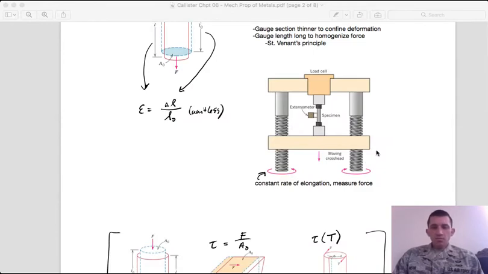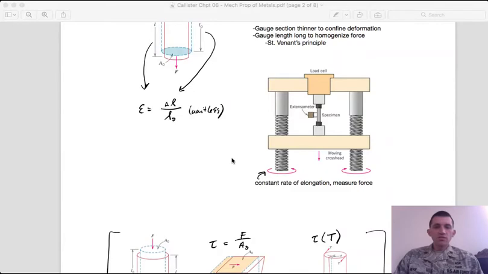The exact manner can vary from machine to machine, but generally what is done is the distance between the moving and stationary arm of the load cell is increased at a constant rate. So we're actually forcing a constant rate of elongation, and then we're measuring the force with this load cell so that we can generate points in our curve that are of stress and strain.